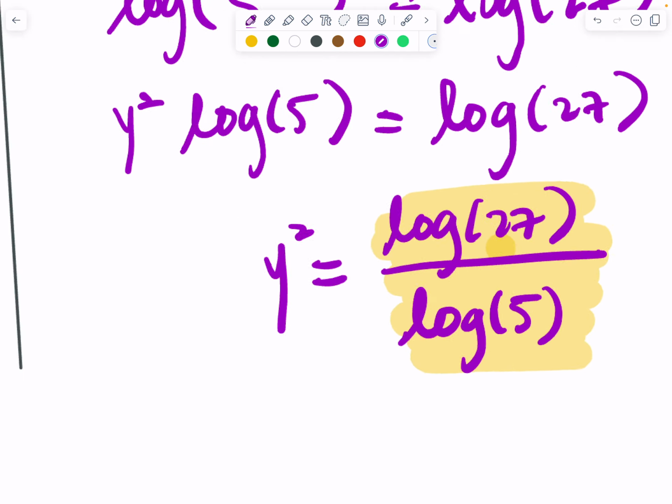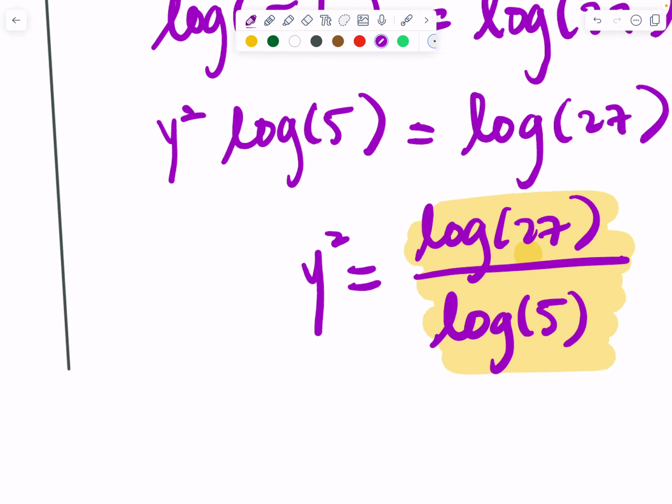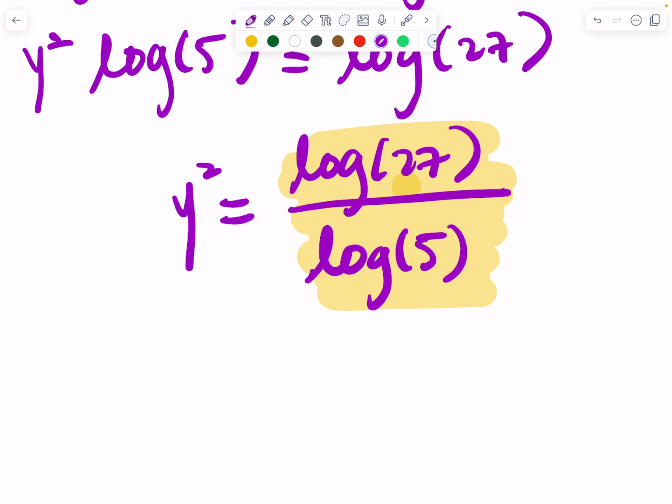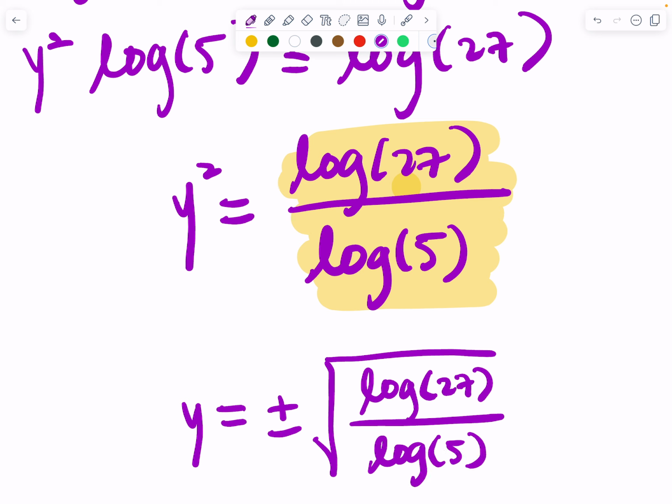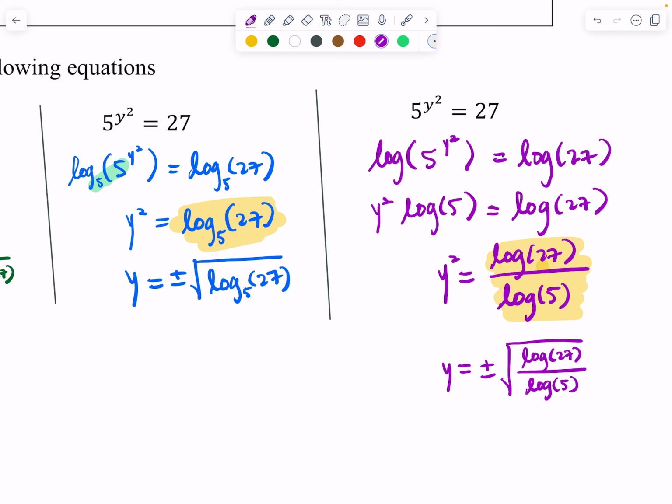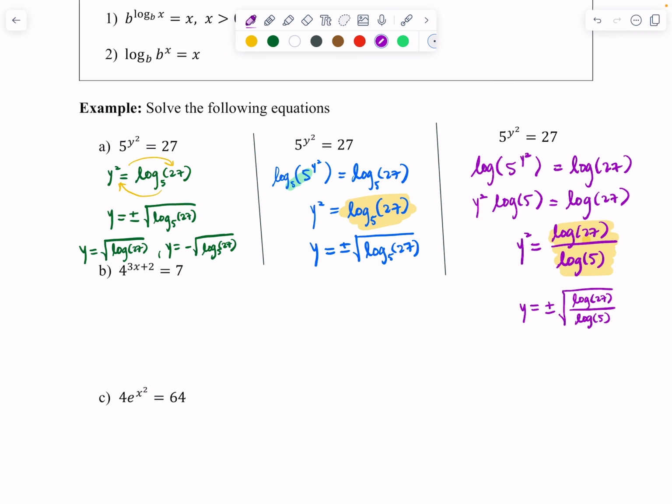So those are the same two values. You type them into your calculator, you would get the same values. So we can just say y equals plus or minus the square root of log of 27 over log of 5, which, if you wanted to, you could rewrite as the square root of log base 5 of 27. There's not really a good reason to. So those are the different approaches you can use.